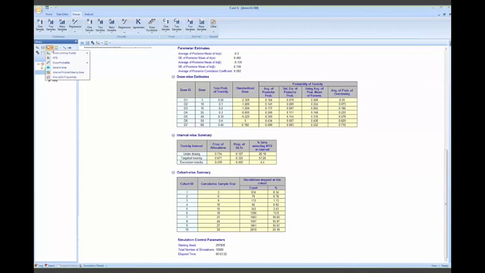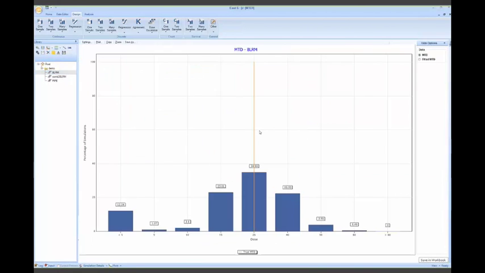In terms of graphical displays, you can see some of those tabular displays in graphical format. So for example, the MTD, which allows you to see how often each dose level was picked as the MTD, and the gold line here represents the true MTD, so that you can see whether or not you did well on your simulations. And you can have a dose probability summary.